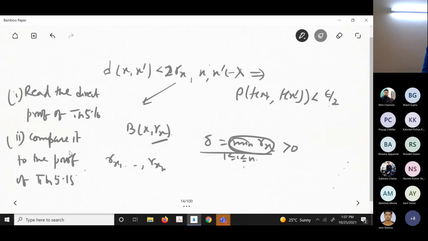When I say compare it, basically compare the technique. Compare the techniques. Of course, when I'm saying compare it to the proof, it means the technique of the proof. Compare the techniques of the proofs.